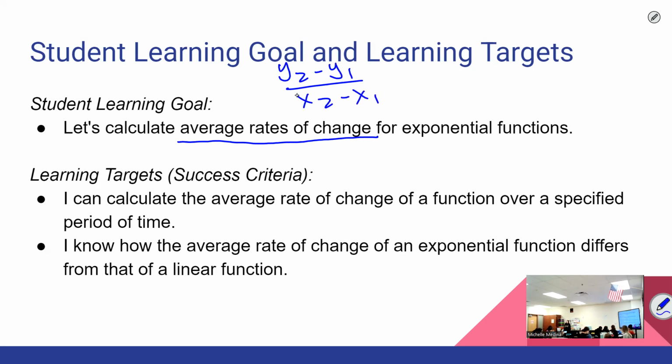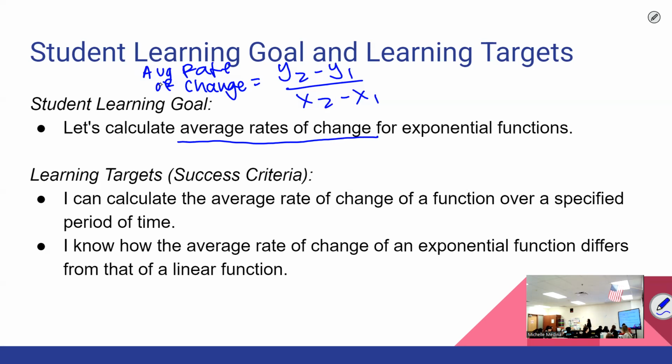If you don't know that, or maybe you haven't had algebra yet today, maybe write that down. Average rate of change is this formula. It's something that we expect you to remember because we do it so often, so if you don't know it already, start memorizing it. But basically, it's the change in your outputs divided by the change in your inputs.